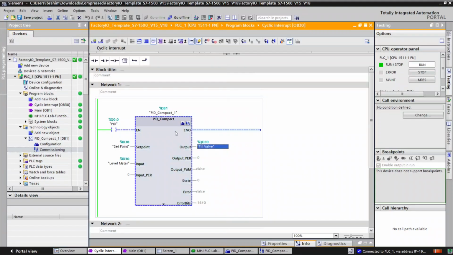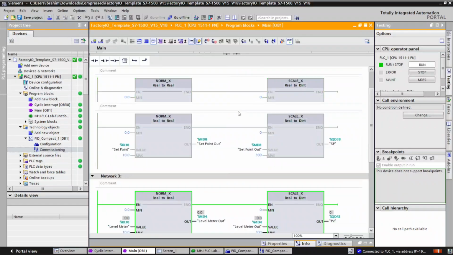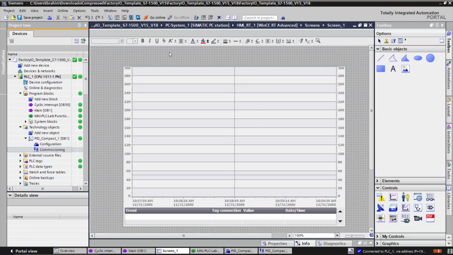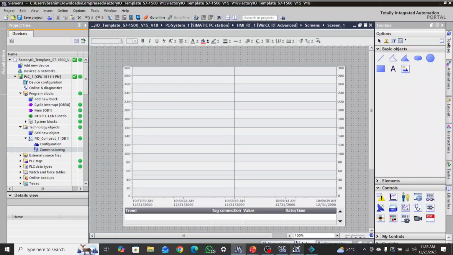Now coming to the Siemens TIA Portal, you can see the ladder diagram of our PID controller, and we have also designed a PC systems trend view to see the curve of our full process.